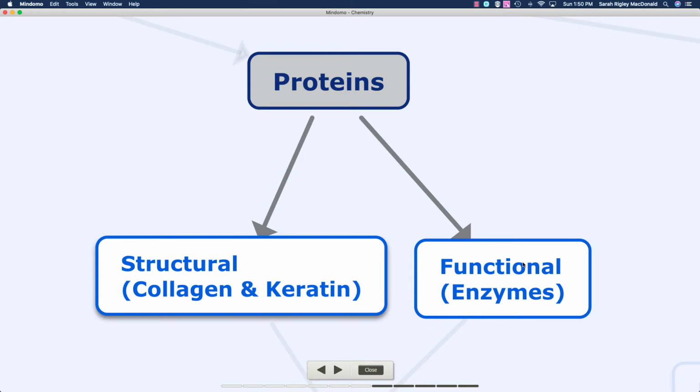For functional, we have a lot of different options, as we talked about in class. Things like membranes, membrane receptors, membrane channels. But the example I want you to know is enzymes. So these are all proteins. And so these enzymes will help us do different processes in the body.